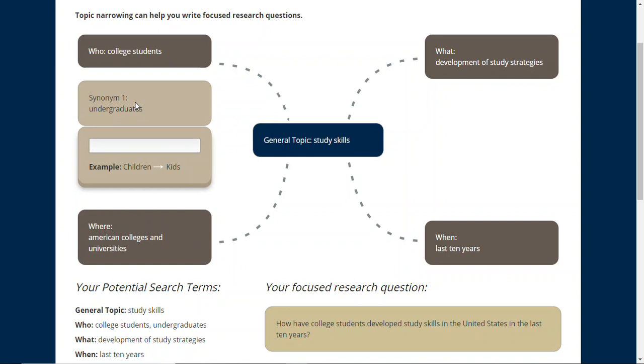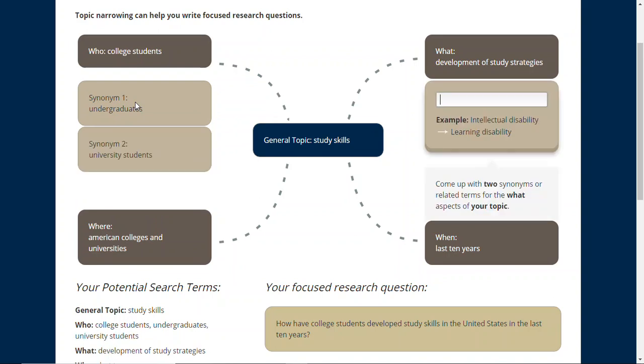That's another way to say college students, especially if I'm not looking at graduate students. And you want to think of two different synonyms. So another way might be university students. In the development of study strategies, if I'm just looking at study strategies themselves, I might say educational skills. Because for me, this study strategies, this section here, this what, is also taking my general topic and thinking of different ways to say that.